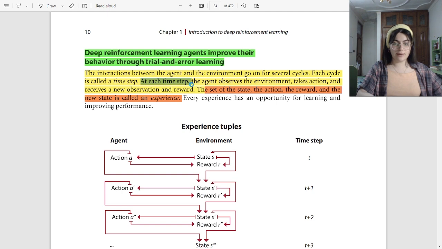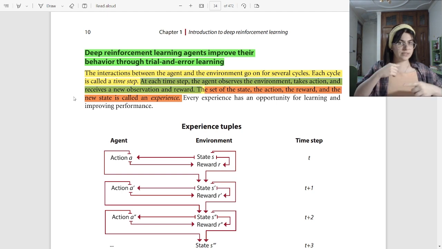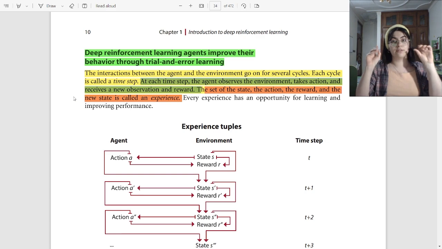At each time step, the agent observes the environment, takes action, and receives a new observation and reward. So each of these full cycles is called a time step, and at each time step we have observation, action, and new observation. So the setup of state, action, reward, and the new state is called an experience.